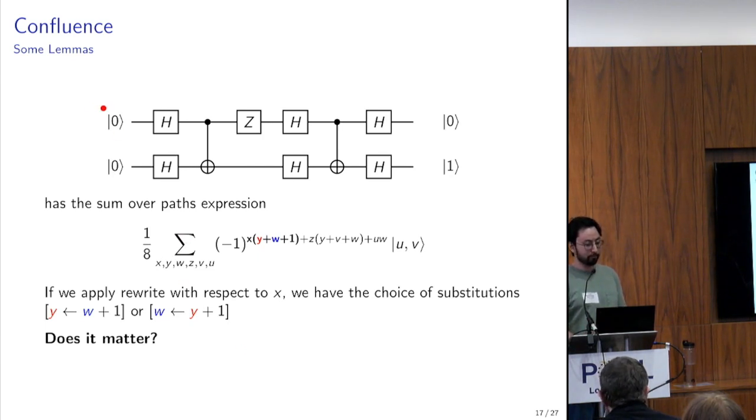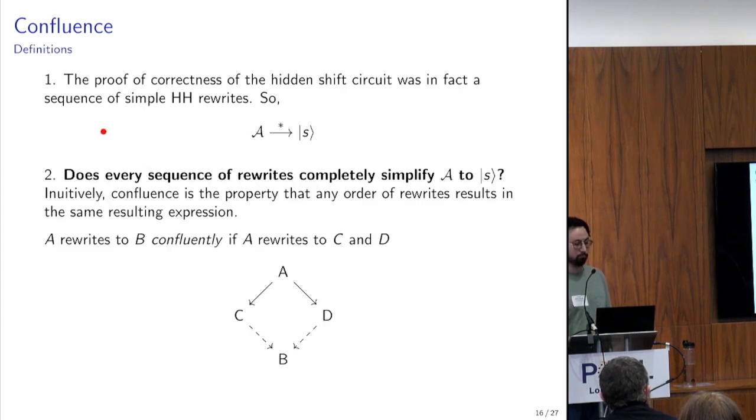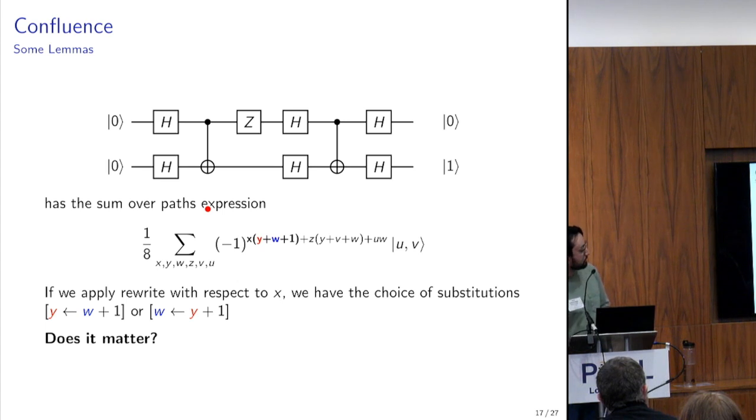So here's an example to see what sort of degrees of freedom we have in choosing a rewrite. So let's say that we want to apply a simple HH rewrite with respect to x. So what we might do is apply a substitution where we substitute w in for y, or we could potentially substitute y in for w.